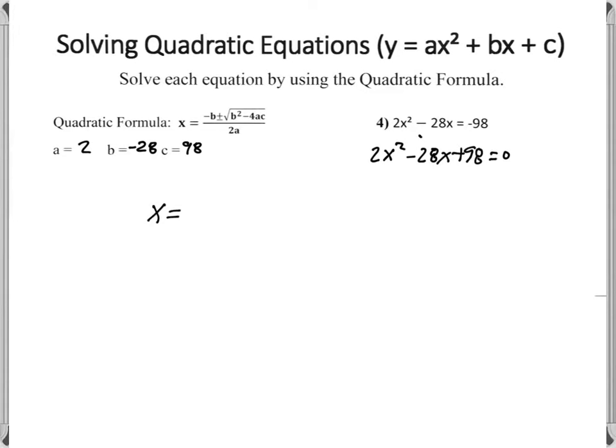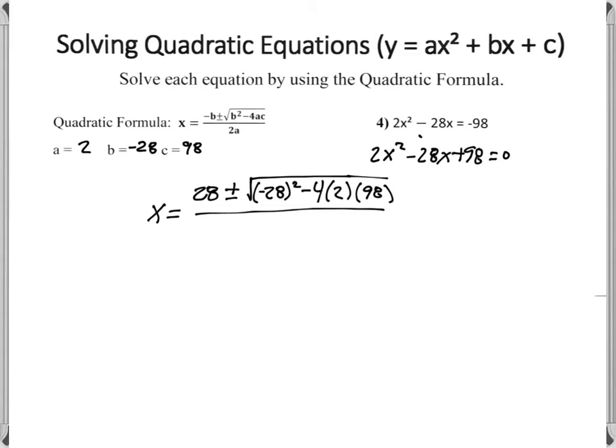So x equals 28 plus or minus the square root of negative 28 squared minus 4 times a, which is 2, and c, which is 98, all over 2 times 2, or 2 times a.